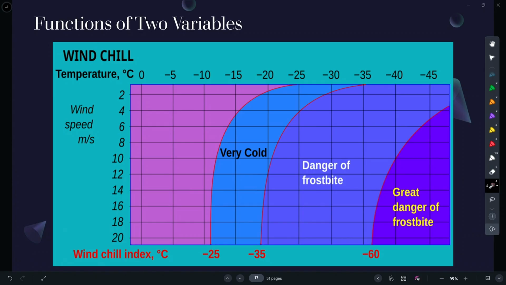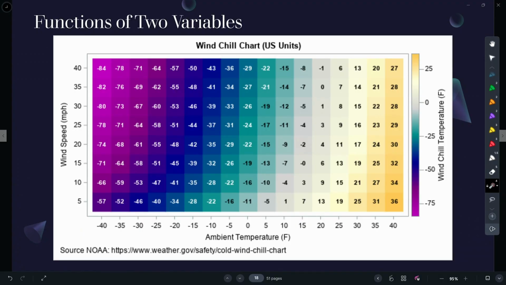For example, wind chill. You want to know when you are at danger of frostbite. That is a function of two variables, the temperature and the wind speed. I have here a chart by NOAA.